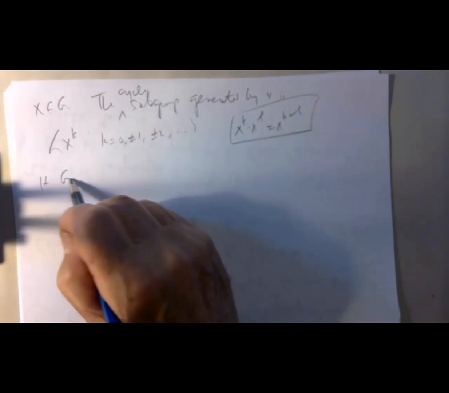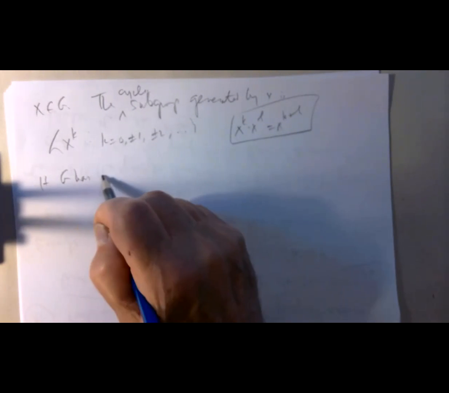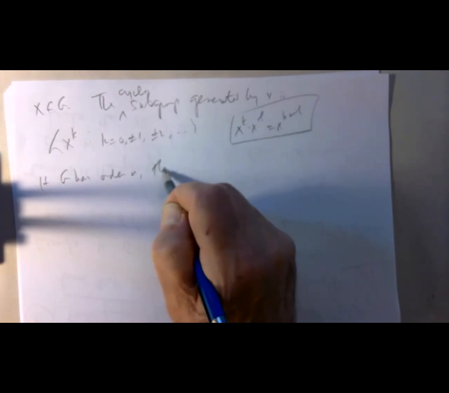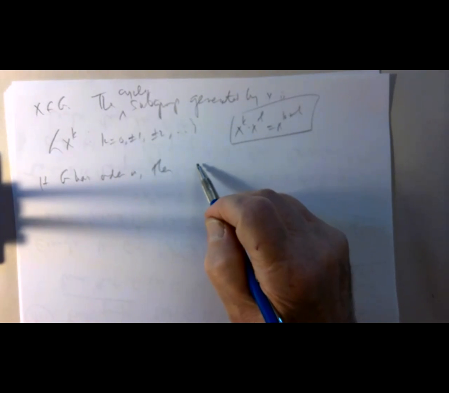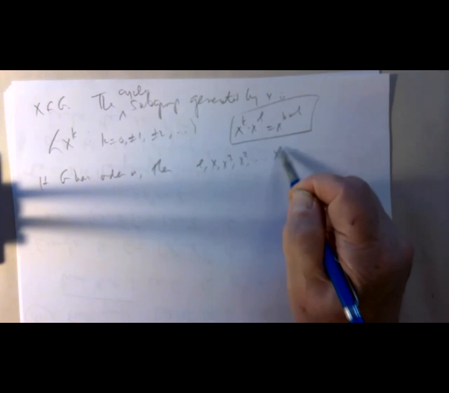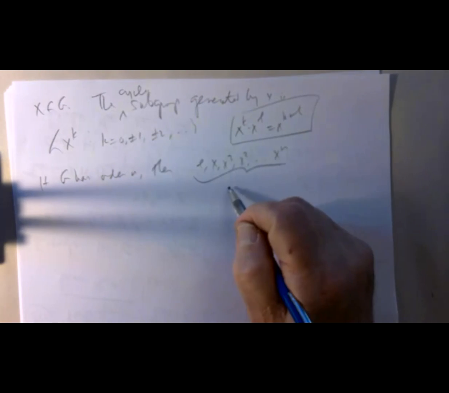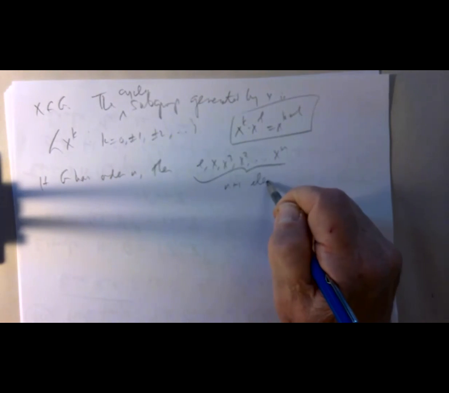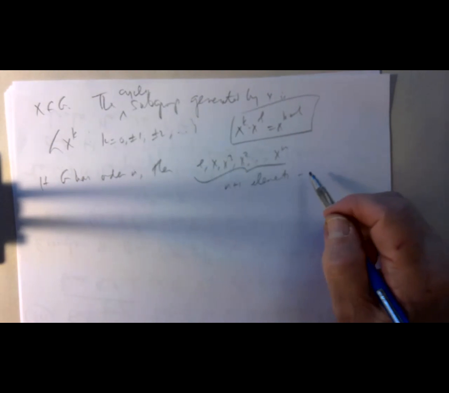And if G has order n, then if you look at the sequence of elements e, x, x squared, x cubed, up to x to the n, this is formally n plus 1 elements. But they can't all be different, because there are only n different elements in G. So they're not all distinct.